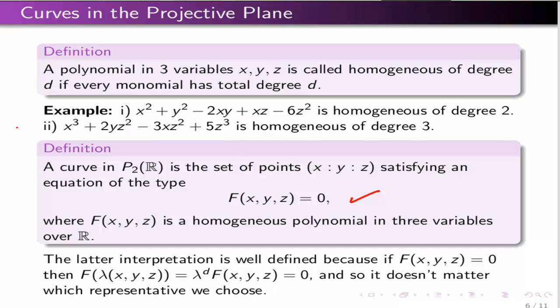So just come up to, say, the second example. If you multiplied every variable by lambda, you'd have a lambda cubed here, a lambda cubed here, a lambda cubed here, and a lambda cubed here. Pull it off to the side, and because f of x, y, z is 0, this quantity is still 0. So it doesn't matter which representative we choose. And for the same reason, you can only work with homogeneous polynomials when you're defining a curve in the projective plane.